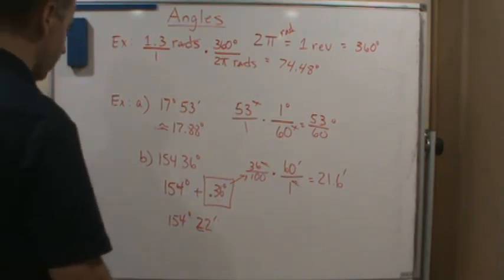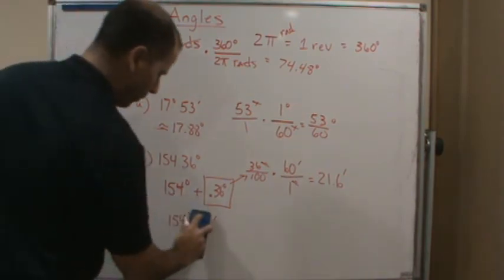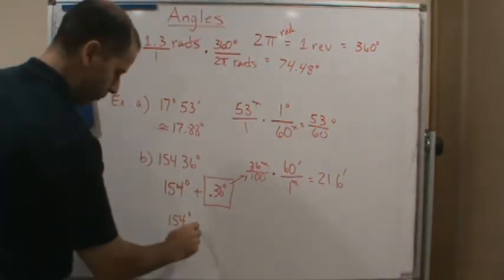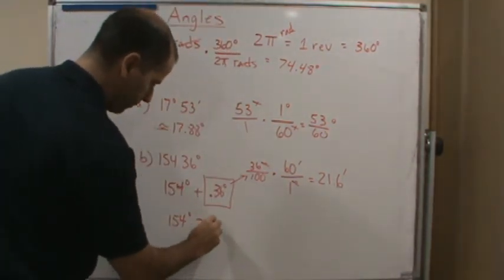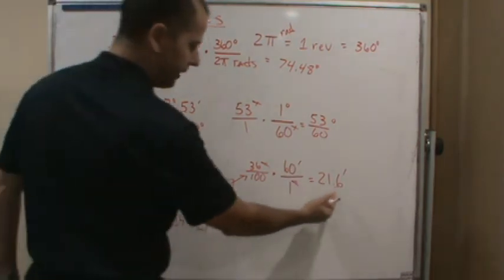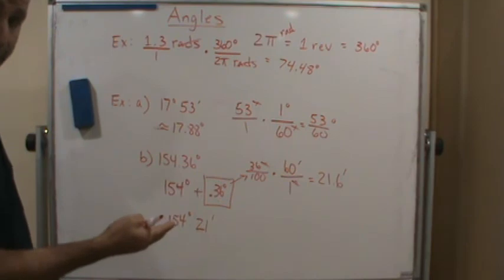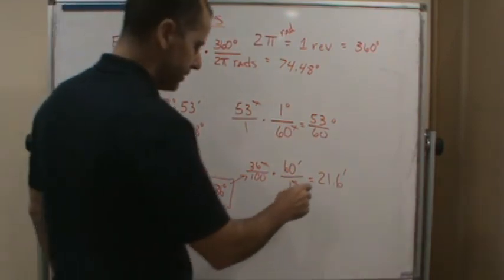Now, what if I wanted to go out to seconds? Aha! Let's go one more step. So far, I've got 21 minutes, so I'd put 21 minutes. Now, I've got this fraction of a minute here, and I'm going to transform that into seconds. I would do the same thing.